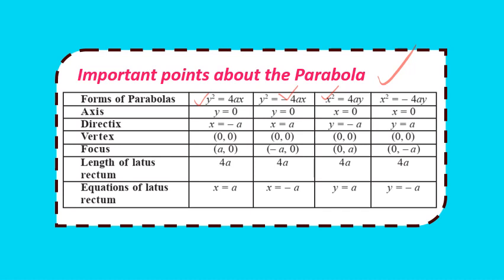And if it is x square equals minus 4ay, then the axis is x equals 0, directrix is y equals a, length of the latus rectum is 4a, focus is (0, minus a), equation of the latus rectum is y equals minus a. Clear? So we have to remember all these points while solving the sums. So pause and note down this important table.